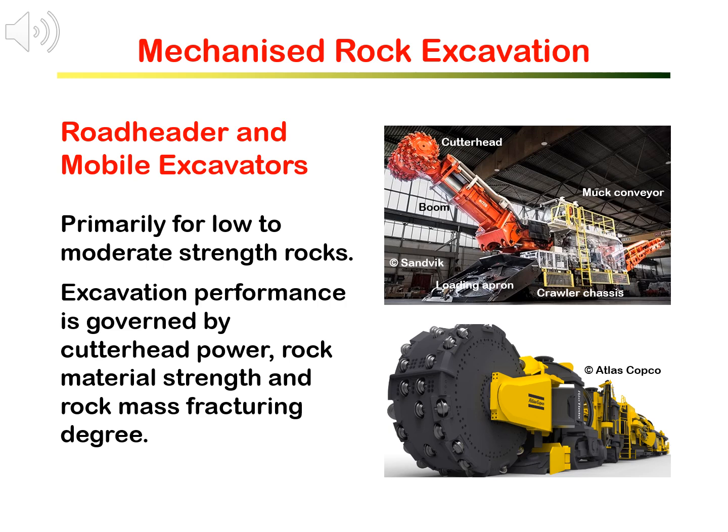Most roadheaders are suitable for rocks of less than 100 megapascal strength. The heavy-duty ones could go up to 120 megapascal. Excavation performance is governed by the cutter head power and influenced by rock material strength and the rock mass fracture degree.